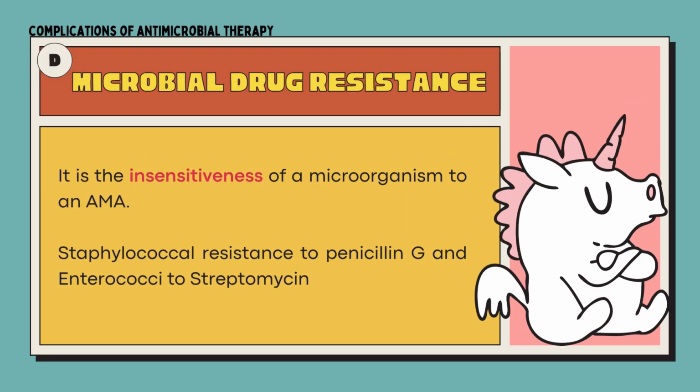Following superinfection would be the microbial drug resistance. It is the insensitiveness of a microorganism to an antimicrobial agent. Such examples include staphylococcal resistance to penicillin G and enterococci to streptomycin.